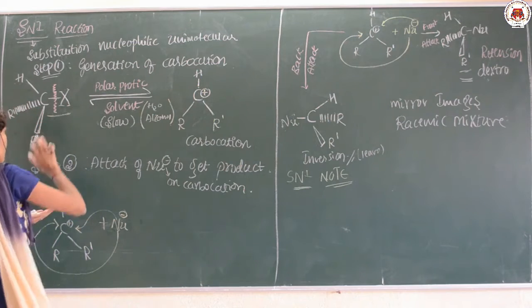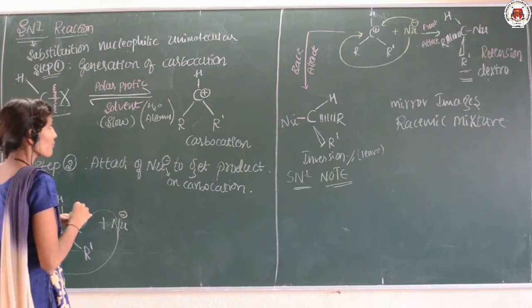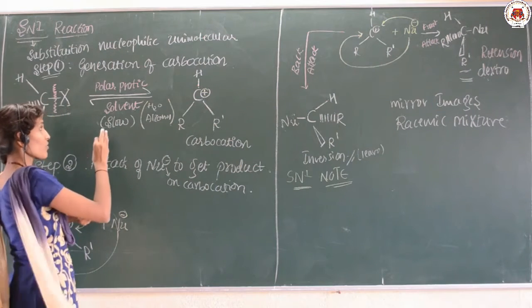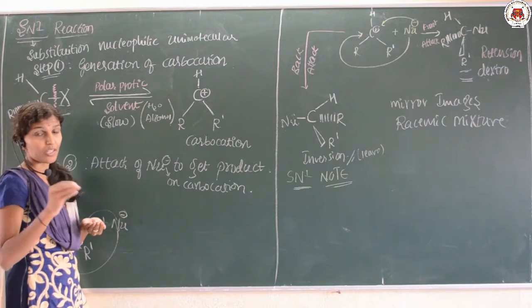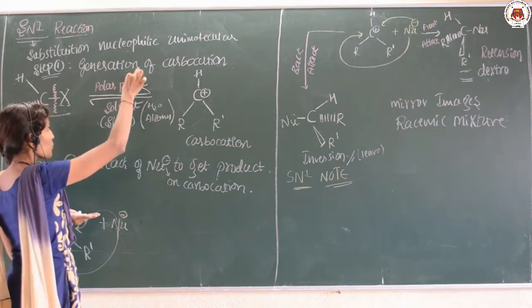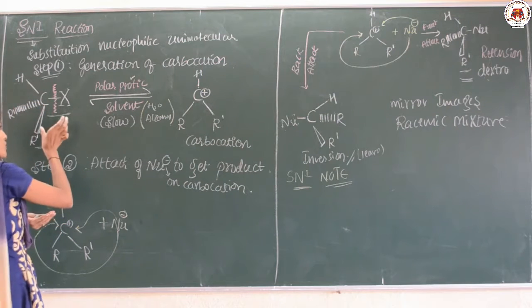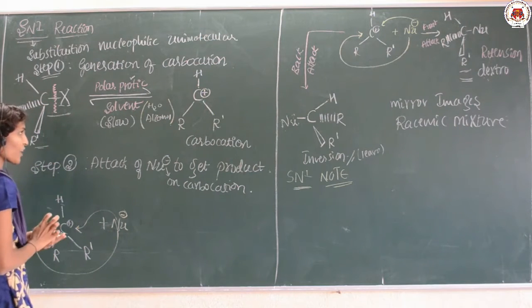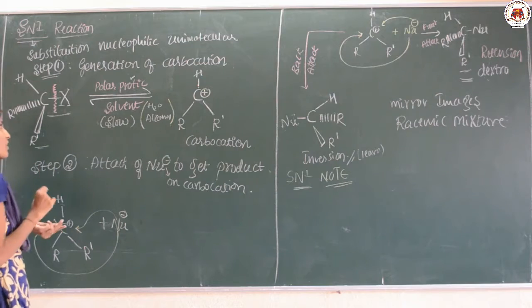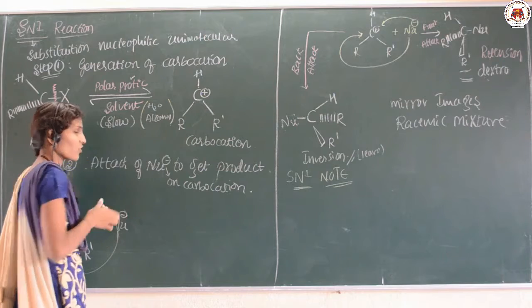As our substrate, the haloalkane, is there, in the first step there is no attack of the nucleophile. You just add a polar protic solvent to the substrate, and the C-X bond breaks. Breaking the C-X bond takes time, so it is the slowest step.